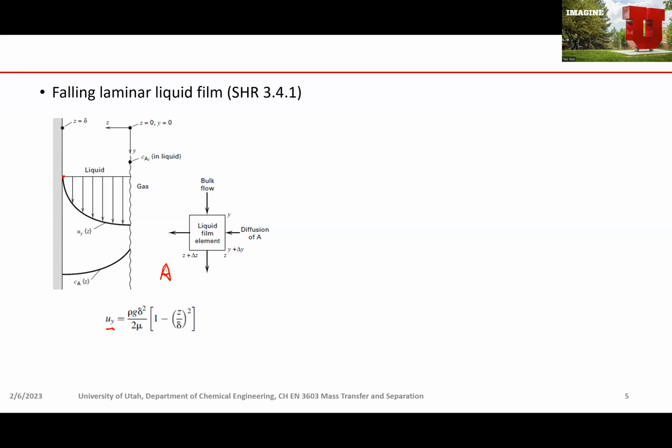Okay, and meanwhile, if we have a gas phase A here, this gas phase A will dissolve into this liquid film B. Then we know there will be a concentration gradient of species A in the z direction, because apparently there will be higher concentration of A at the surface than at the bottom of the liquid film.